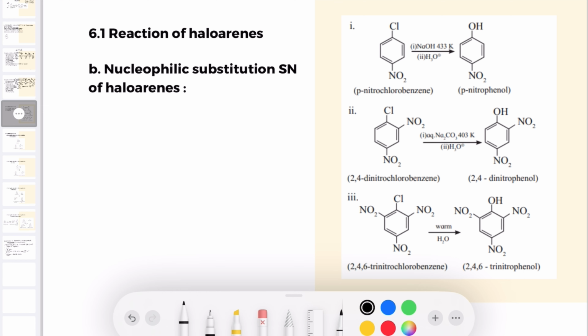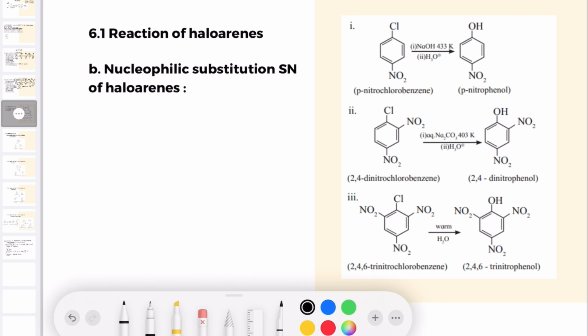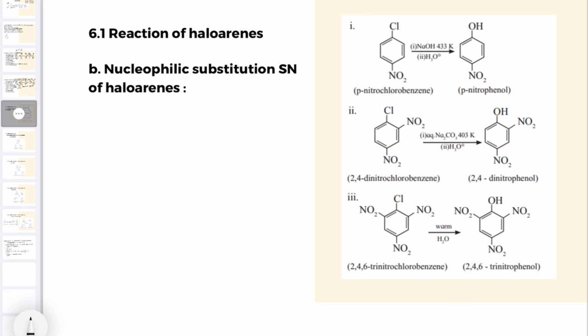Then for this, the nucleophilic substitution reaction. So this is about the knowledge of the resonating form. So nucleophilic substitution SN of haloarenes.